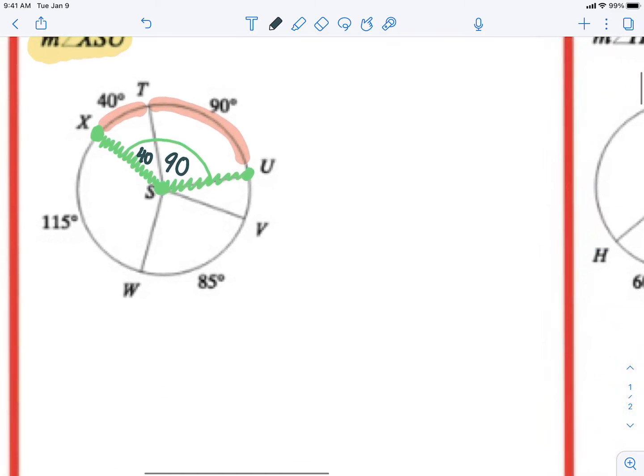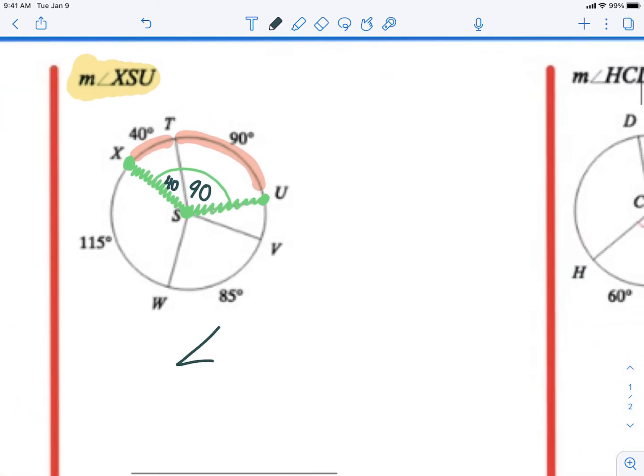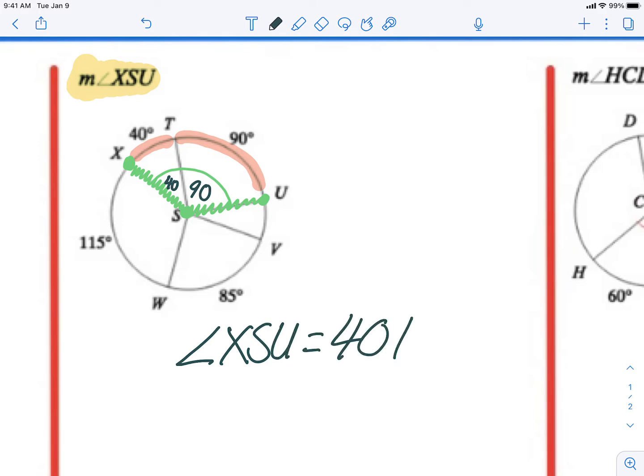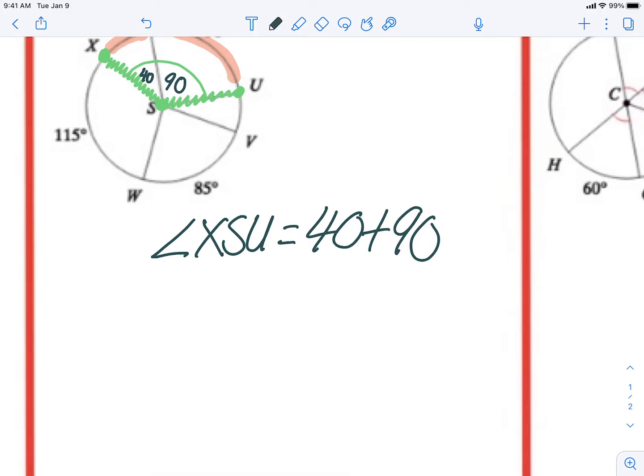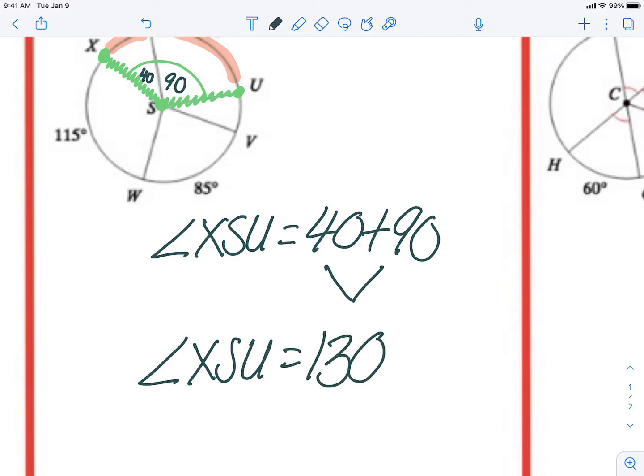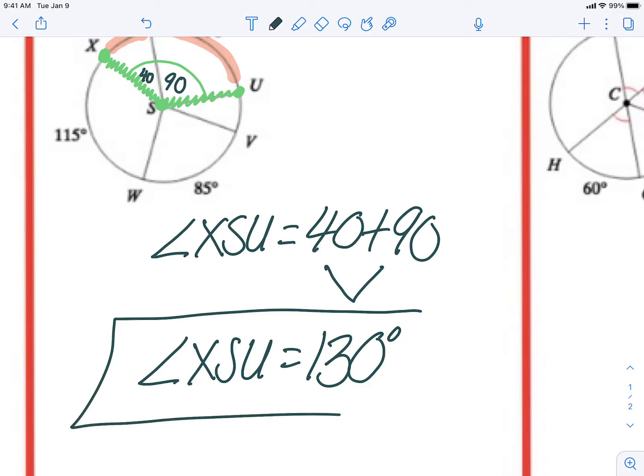So angle XSU is equal to 40 plus 90 because they're both part of XSU. Look at that, they both fall under that. So 40 plus 90, the answer is angle XSU is equal to 130 degrees.